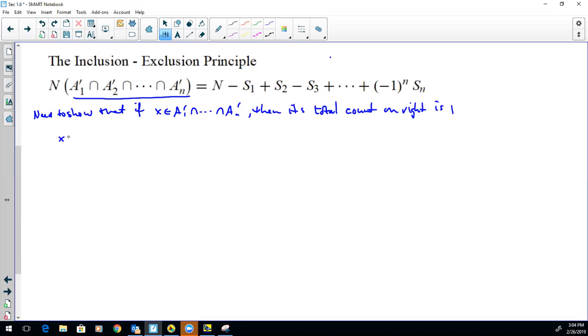And then if X is not in this, its total count on the right is 0. Okay.